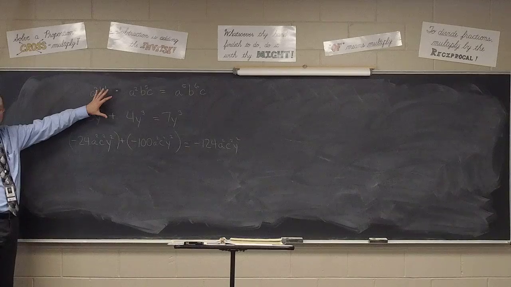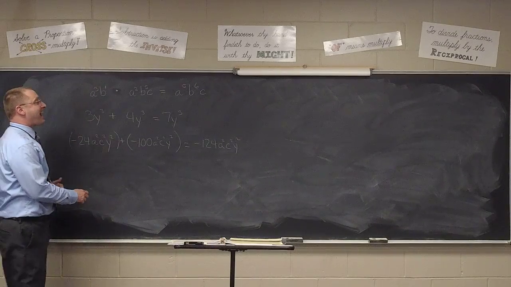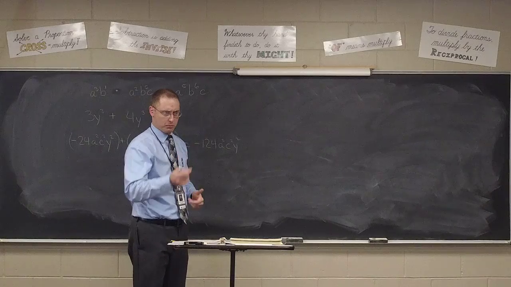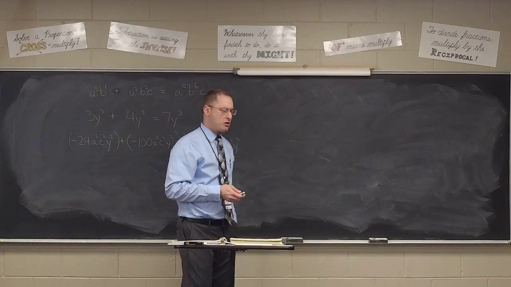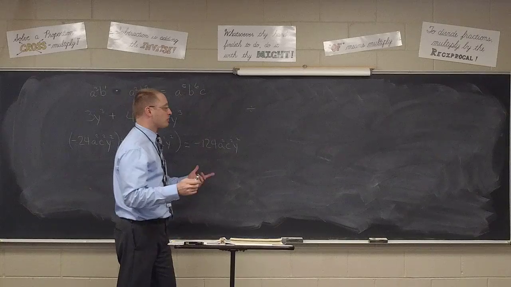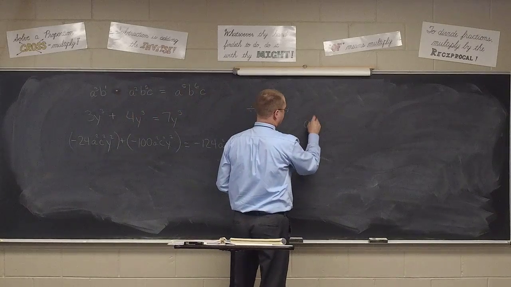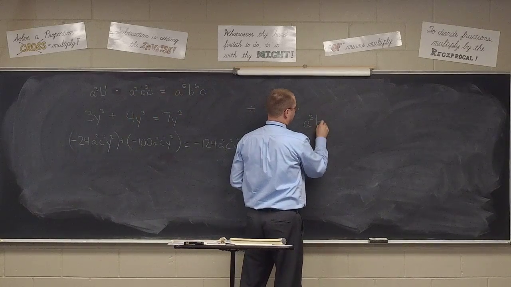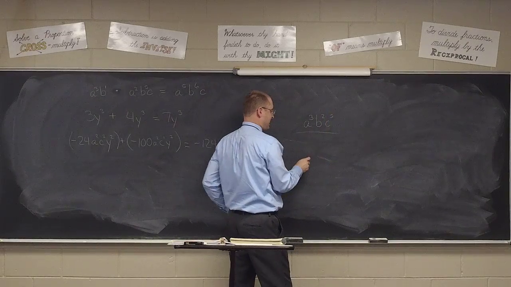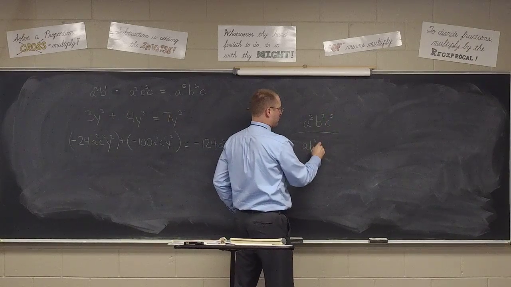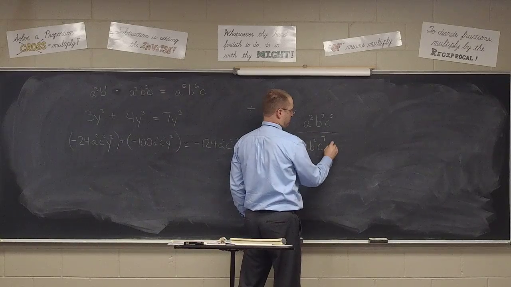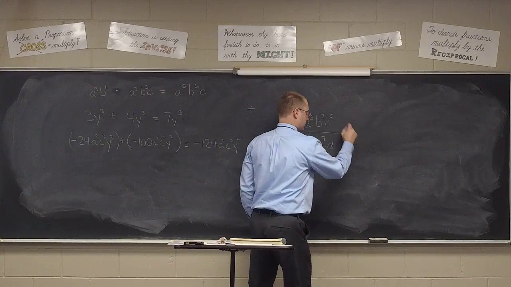Questions on this? We also said that we could divide, but how do we generally show division in algebra, Lana? I don't usually use this little symbol here. What do I generally do? A fraction. I'll use a fraction bar, right? So if I wanted to have, say, a cubed, b squared, c to the fifth, divided by, say, a, b squared, c to the seventh, d, or something like this.